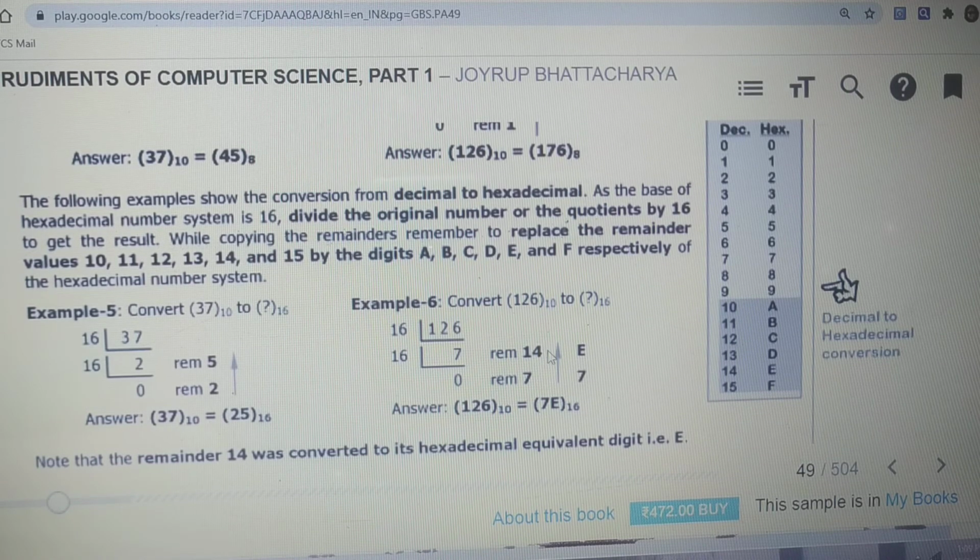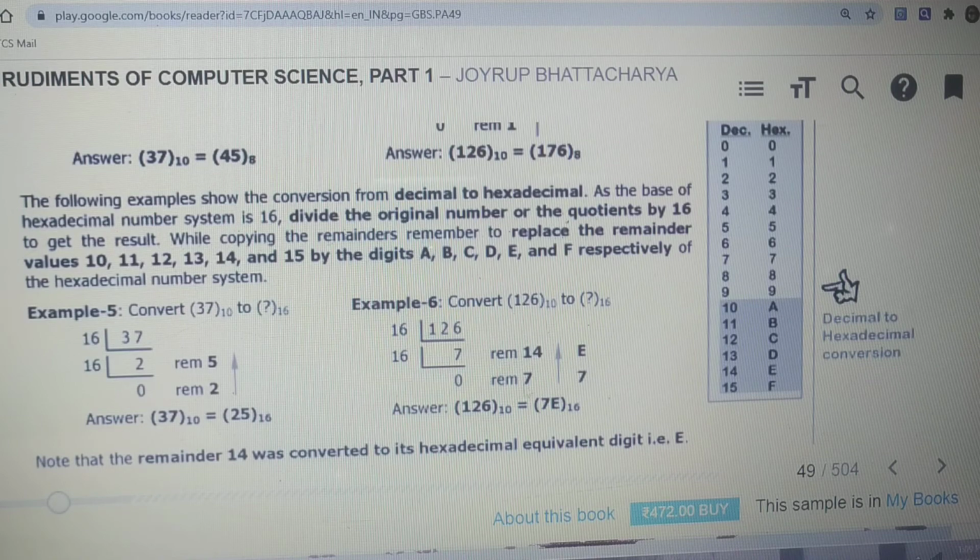We will not write 14 here, because we directly search for the decimal value 14 in hexadecimal, which means E. So instead of the remainder 14, you directly write E. Here 7 we have to divide by 16, so the quotient is 0 and the remainder is 7. 7 in hexadecimal is also 7. So the answer is 7E. In this way we can convert from decimal to other base values.